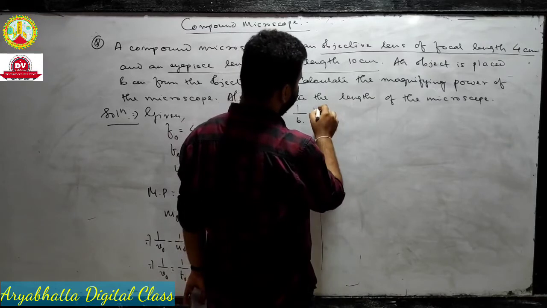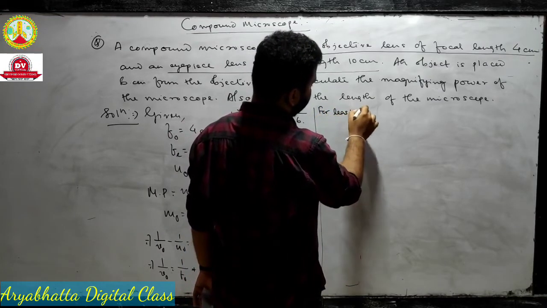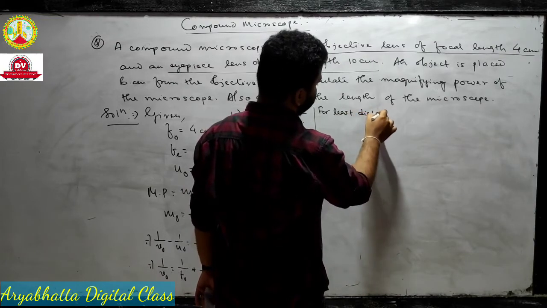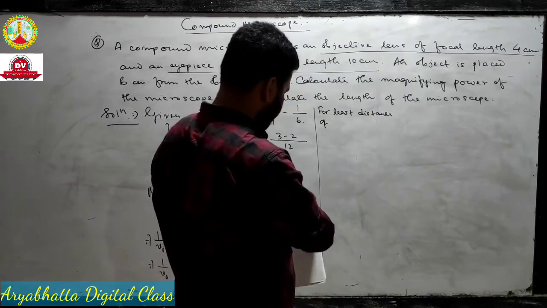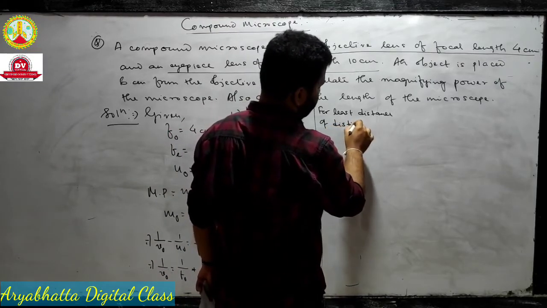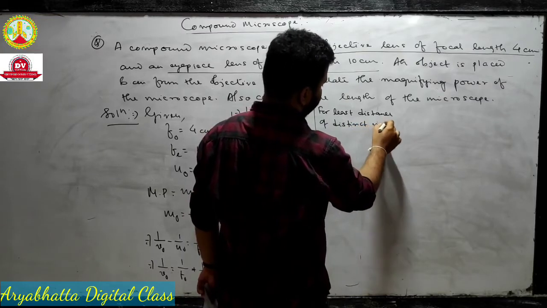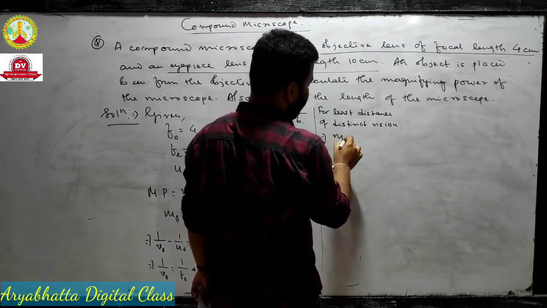That is when magnifying power is maximum. So for least distance of distinct vision, what is the magnification produced by the eyepiece?